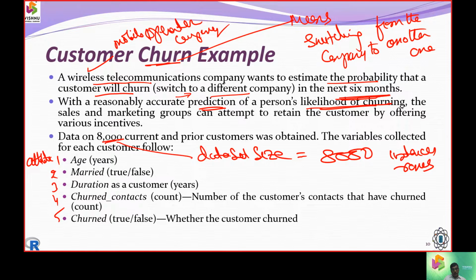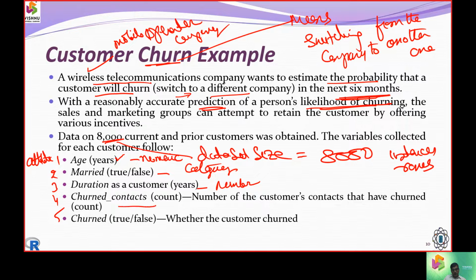The first attribute deals with age, a numeric value. The second attribute deals with marriage, true or false. We call it a category value. The third attribute deals with the duration of the customer, how long he has been with the company, and that is a numeric value.